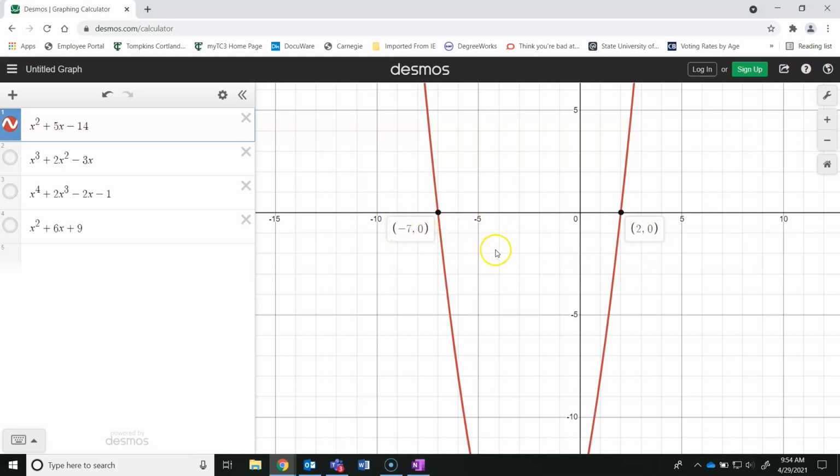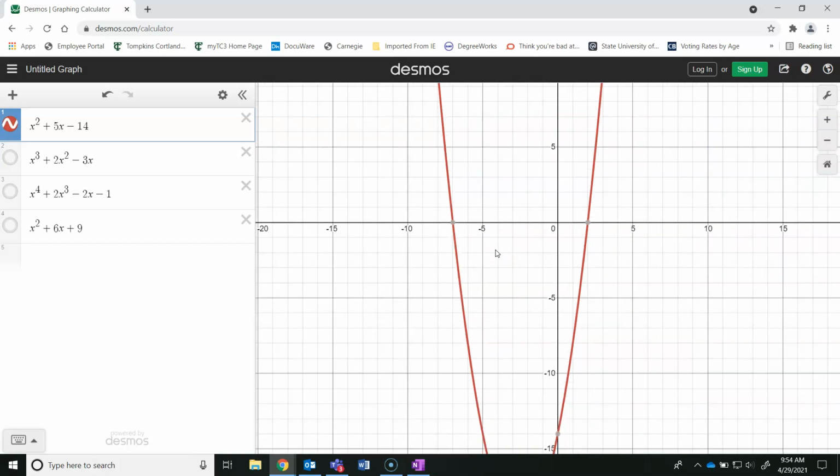Okay, so this is just sort of a bigger piece of information that you need to know, which is that the solutions to any equation are the same as the points where it crosses the x-axis.